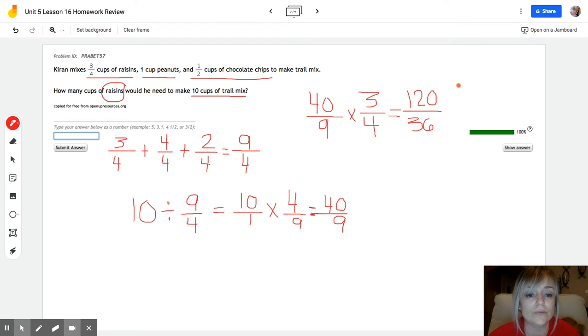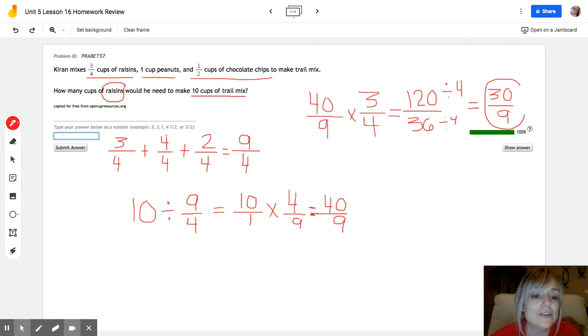The greatest common factor of 120 and 36 would be 4, if you worked it out. So we divide both by 4, and 120 divided by 4 is 30, and 36 divided by 4 is 9. And you always want to circle your final answer.